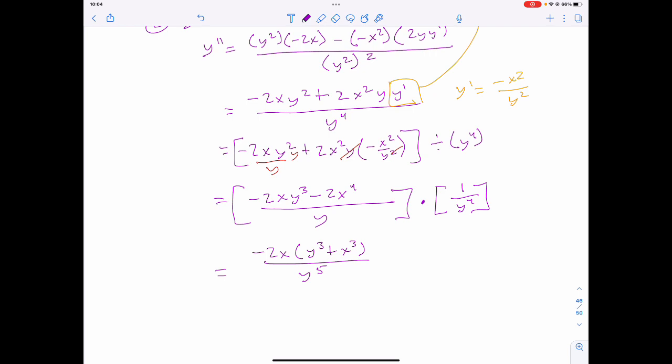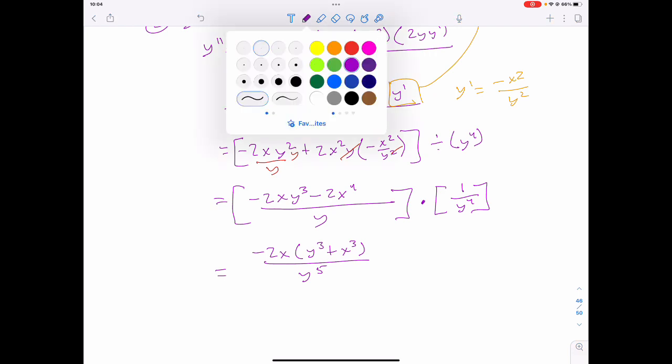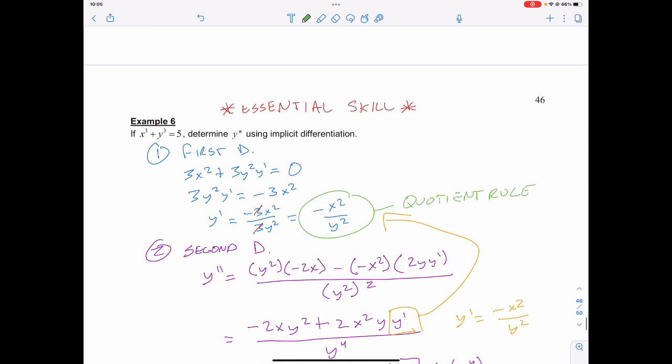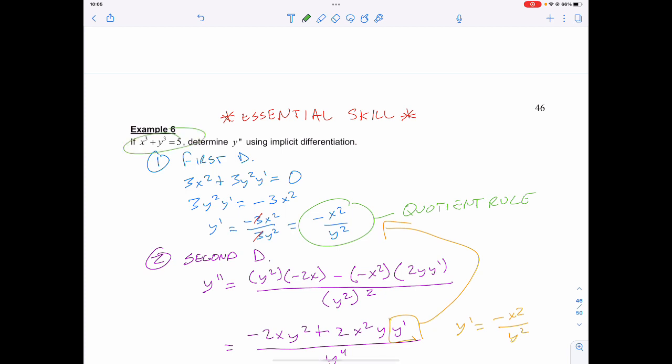Well, we saw this in our initial equation. Our equation was x to the 3 plus y to the 3 is equal to 5.